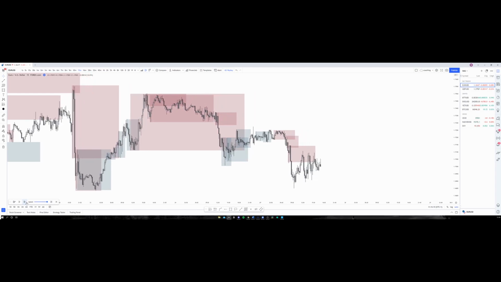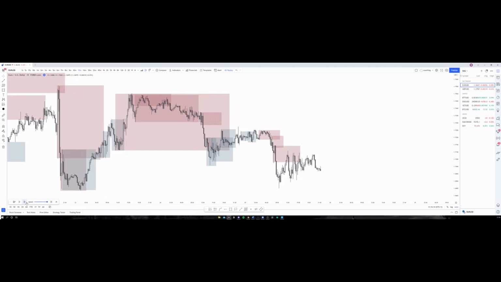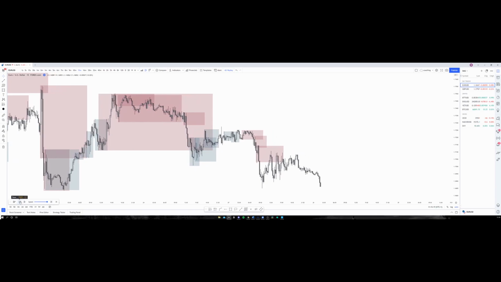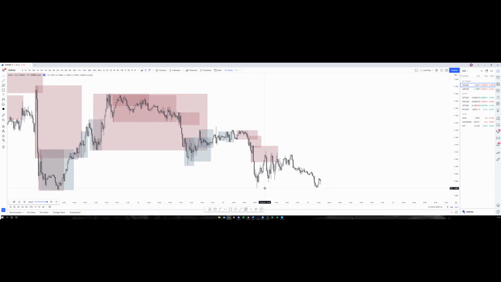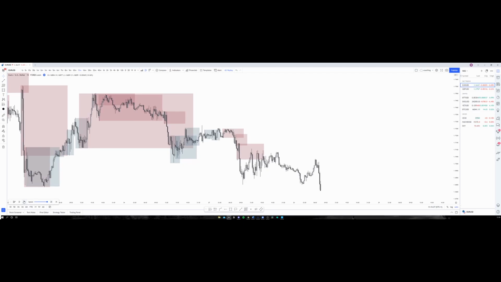See, they struggle with it, yeah, fine, but they haven't broken it yet. Still not broken it. They break it there? No, equal lows. Okay, broken it, cool.